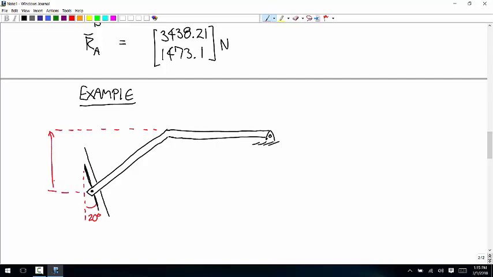This is 1 meter. This is 1 meter. This is 1 meter.